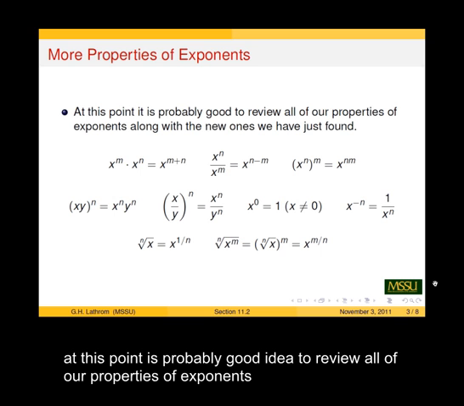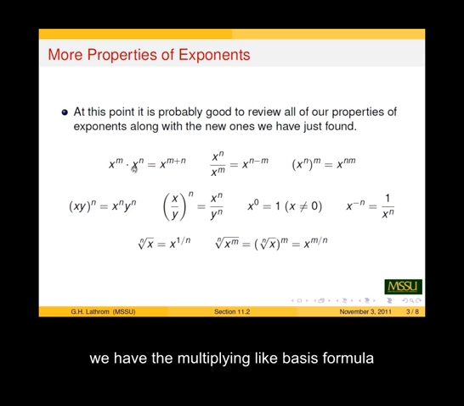At this point, it's probably a good idea to review all of our properties of exponents. We have the multiplying like bases formula: we add the exponents. Dividing like bases, we subtract the exponents. Having a power to a power, we multiply the exponents. A product to a power, the power distributes to each base.